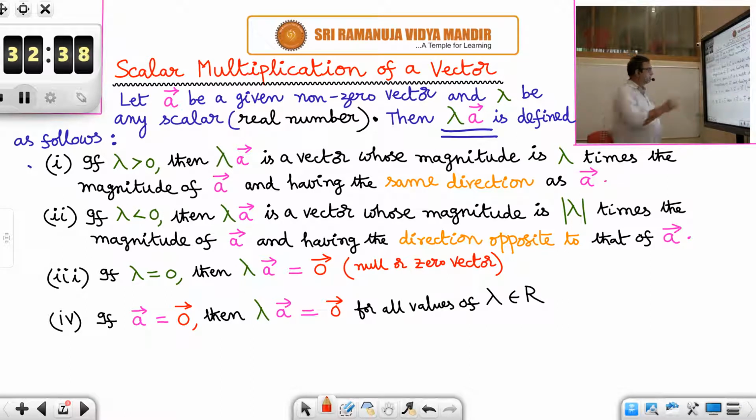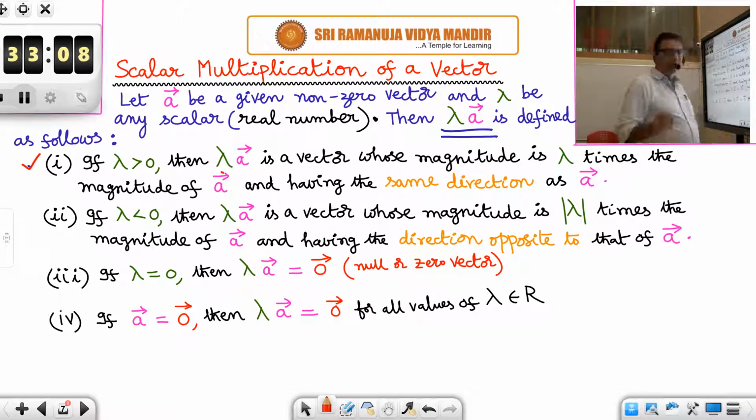Three different definitions. Suppose lambda is positive, then lambda A bar is a vector whose magnitude is lambda times the magnitude of A bar and having the same direction as A bar. So lambda is positive means, for example, lambda is 2. What is meant by 2A bar? 2A bar is a vector whose magnitude is twice the magnitude of A bar and direction is same.